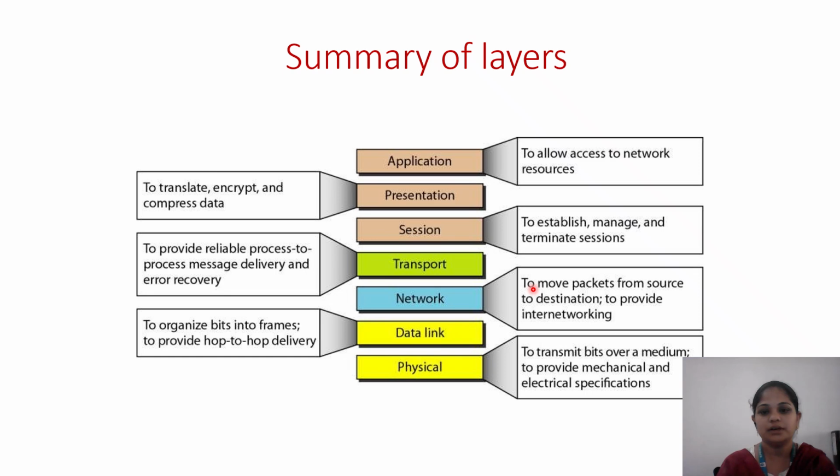The network layer helps move packets from the source to the destination to provide internet links. The data link layer organizes the bits into frames to provide hop-to-hop delivery. And finally, the physical layer transmits the bits over some medium, which may be a physical or wireless medium, providing mechanical and electrical specifications.